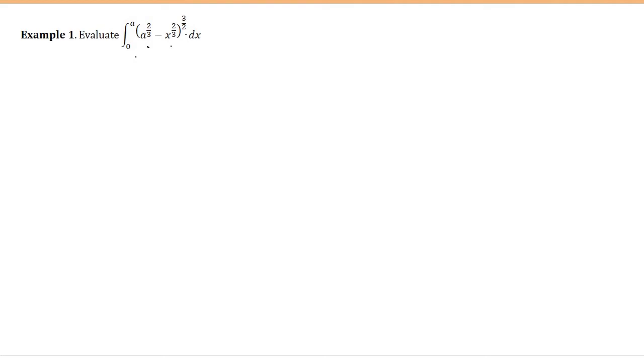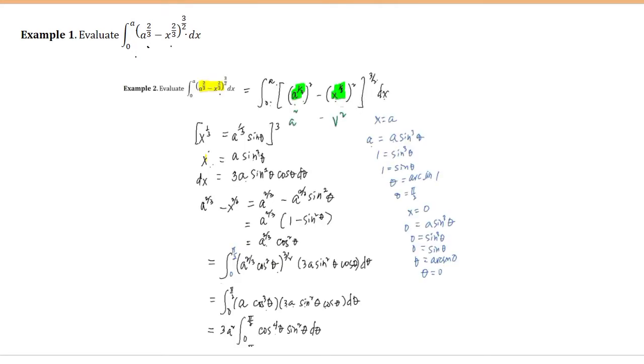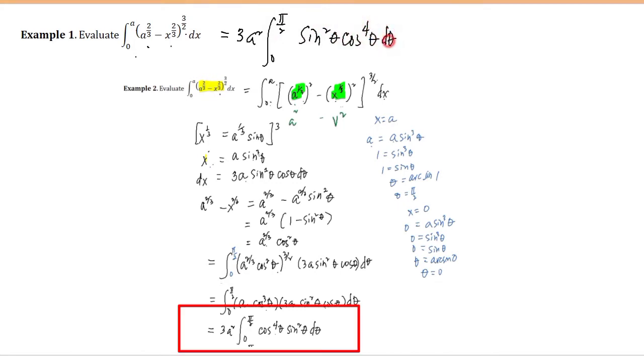If you go back to our previous topic, this is the same example wherein we applied the change of limit corresponding to change in variable, and I will not show it again. Go back to the previous video if you missed it. So this is equal to 3a squared times the integral from 0 to pi over 2 of sine squared of theta cosine to the 4th of theta d theta.